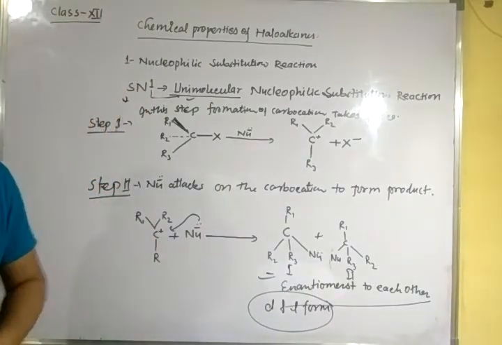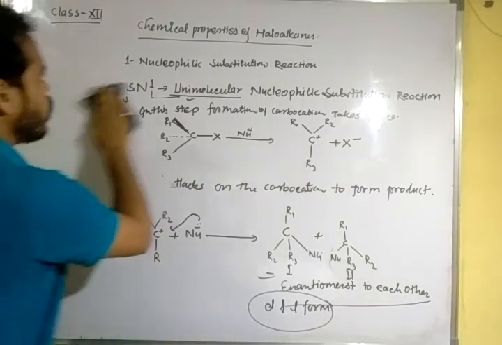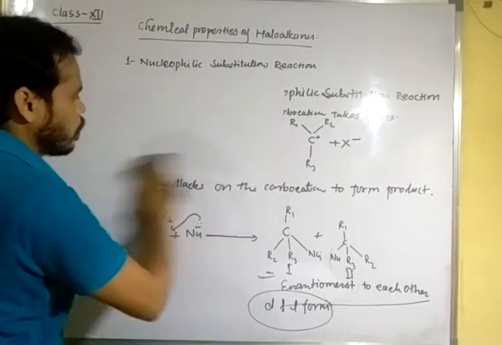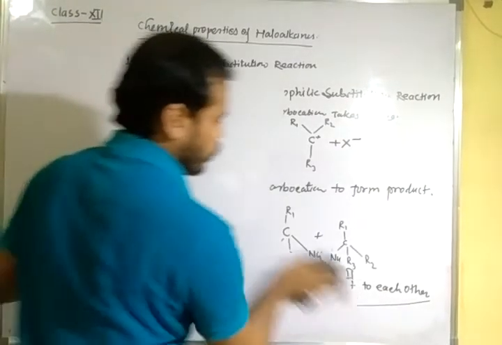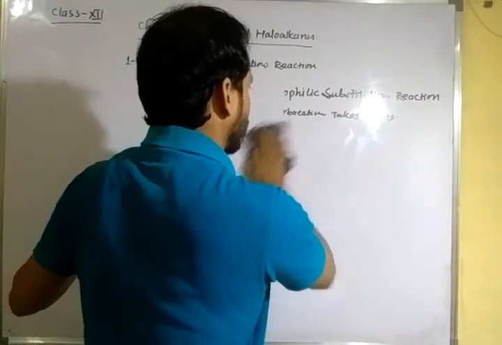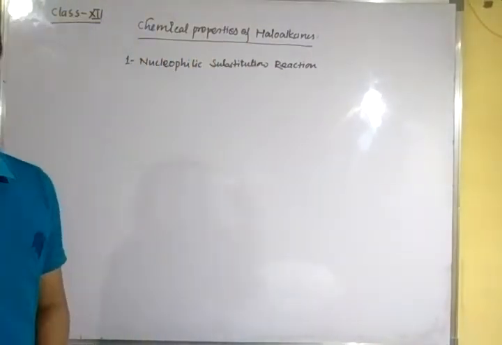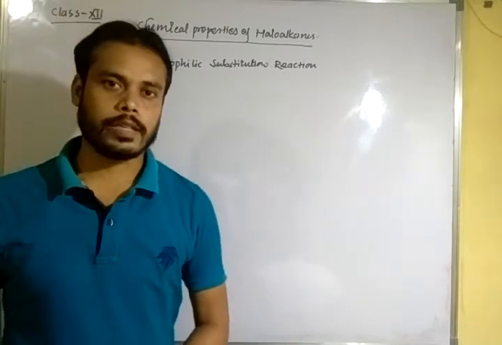Clear? Now, in the second step, we are going to study the SN2 mechanism. In the SN2 mechanism, the nucleophile attacks the carbon atom bonded with the halogen atom and forms a transition state.